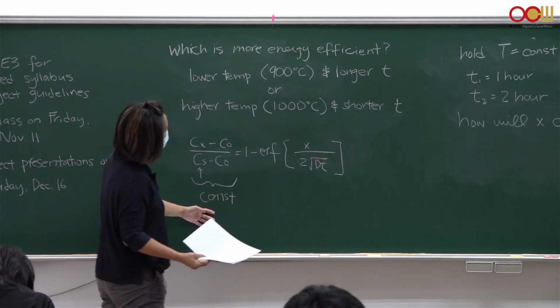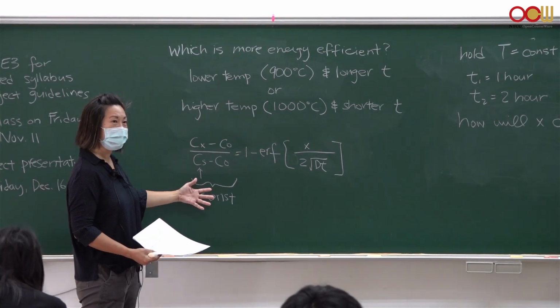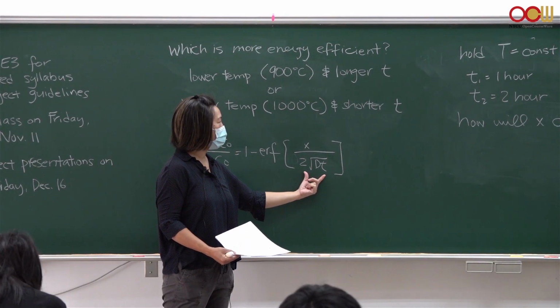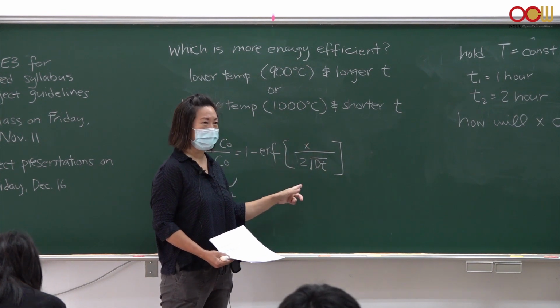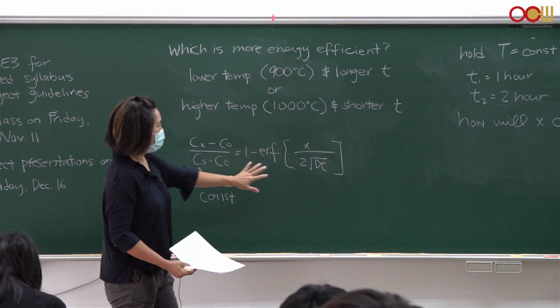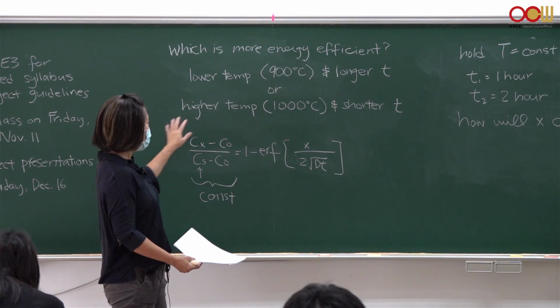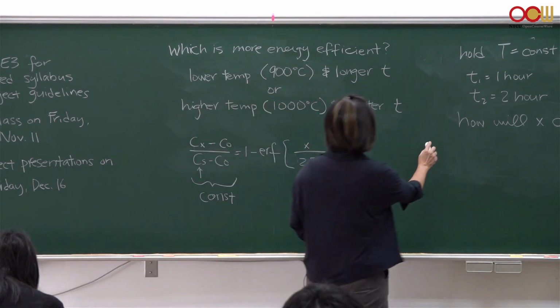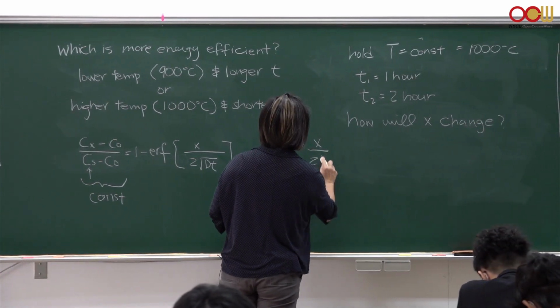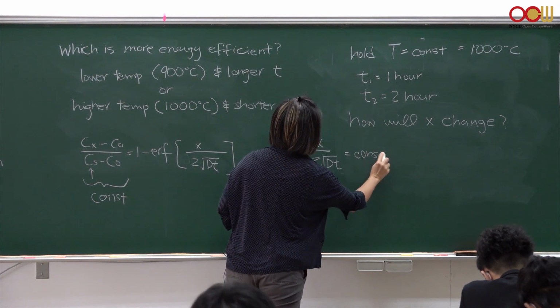Or we just established that whenever we hold this side constant, this ratio stays constant. Right? In order for this side to be constant, the ratio inside here has to be constant. And since we are holding this constant, we know that X over 2 square root of Dt equals constant.